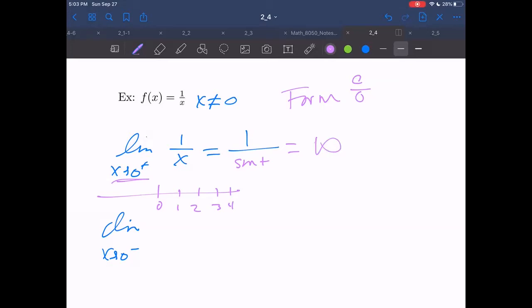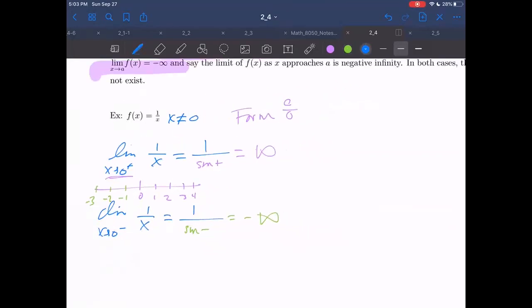If I look at the limit as x approaches 0 from the left of 1 over x, I'm going to get 1 divided by, and in that case I'm looking at all of these values where x is less than 0, so all of these negative values. So I'm going to have 1 divided by some negative number, which is just going to give me negative infinity.